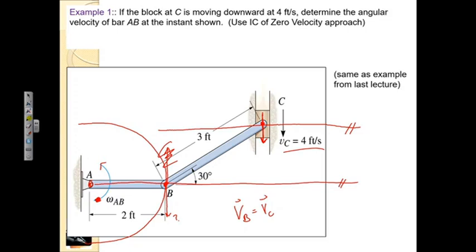So the one thing this problem is good for, obviously showing you the utility, how this makes problems easier, but also thinking about how this instantaneous center isn't just a point that's always in the same location. It's only valid for that instant in time, and it travels all over the place.